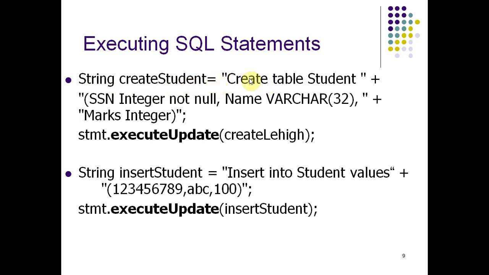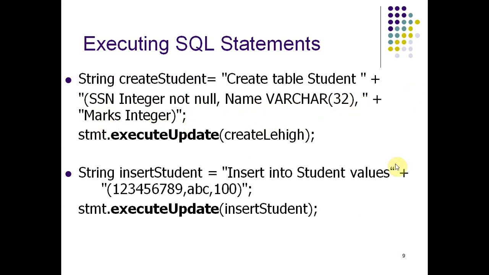Inside this string variable, we have mentioned this create query: CREATE TABLE student, and inside the brackets SSN integer. SSN is an integer type, and it is not null. Maybe it may be a primary key, and name is a varchar 32, and marks is an integer.